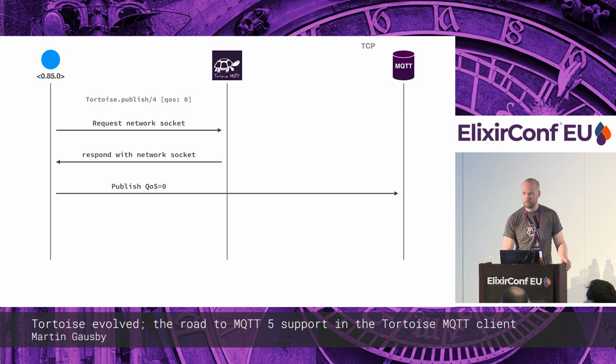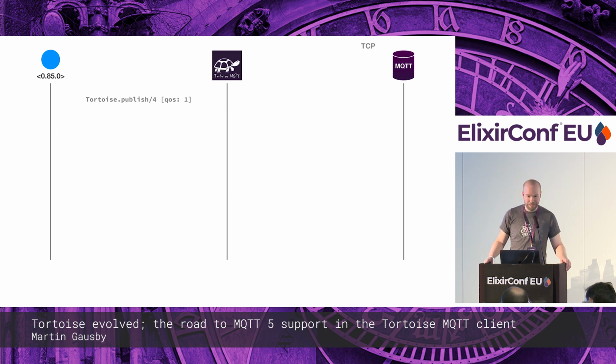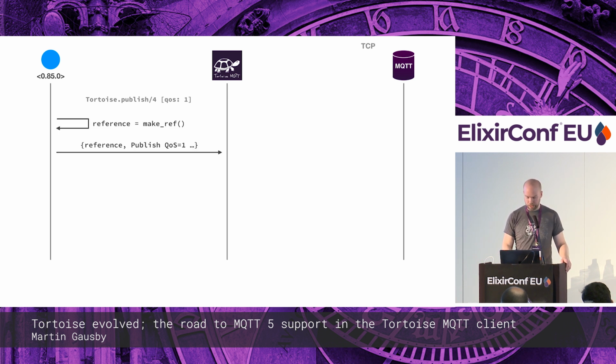Any question? No. So I can unfortunately not do that for quality of service 1, because for quality of service 0 we have no delivery guarantees, so the previous model was pretty good for that. For quality of service 1, we need to store the message in the Tortoise application because we might need to resend it.